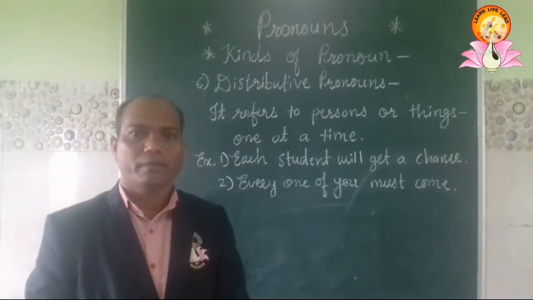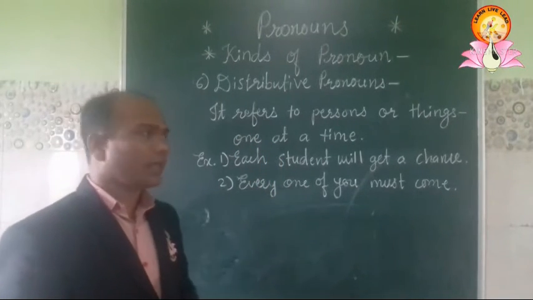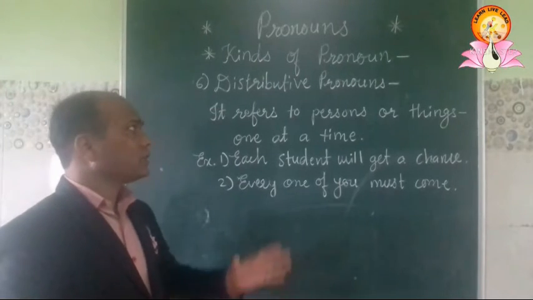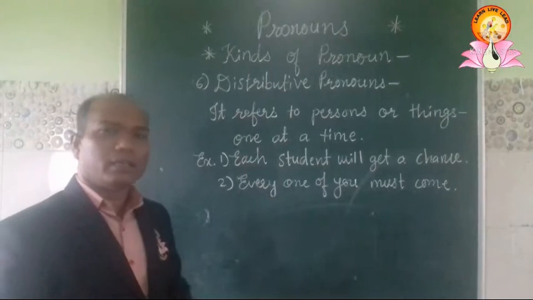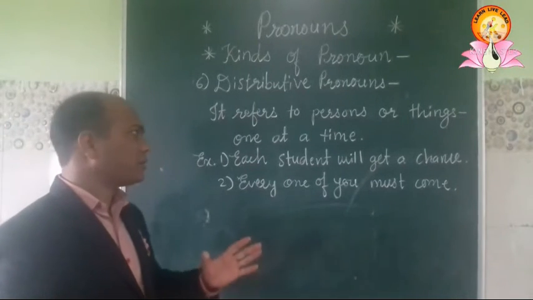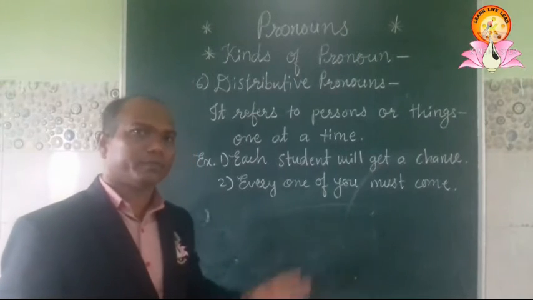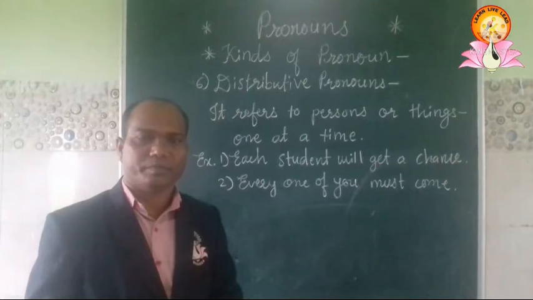The next kind of pronoun is distributive pronoun. These distributive pronouns refer to persons or things one at a time. For example, each student will get a chance. Second example, every one of you must come.